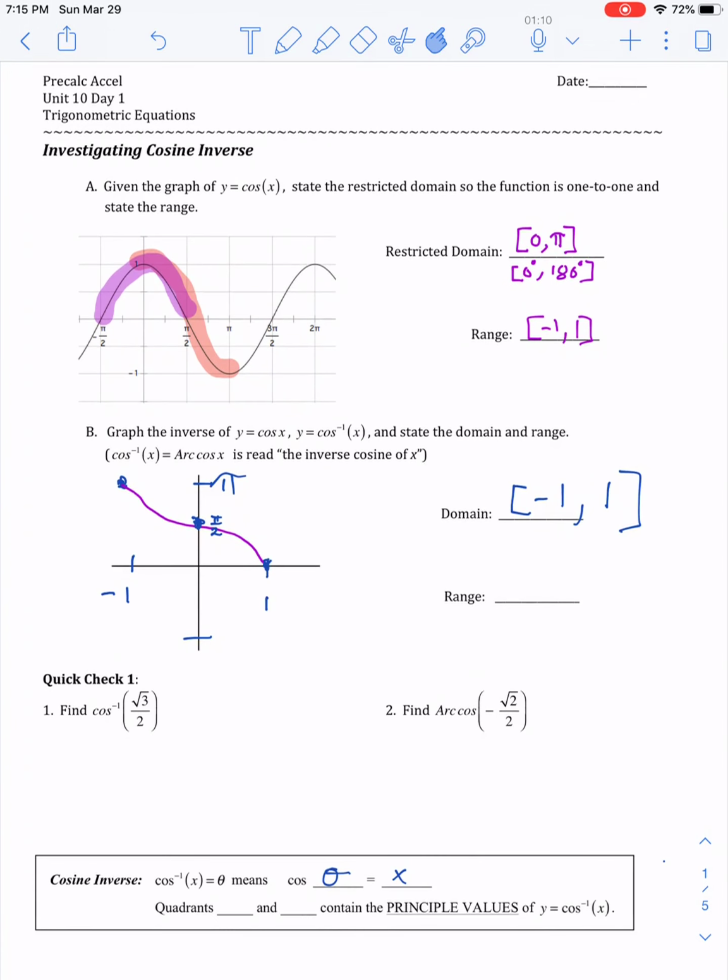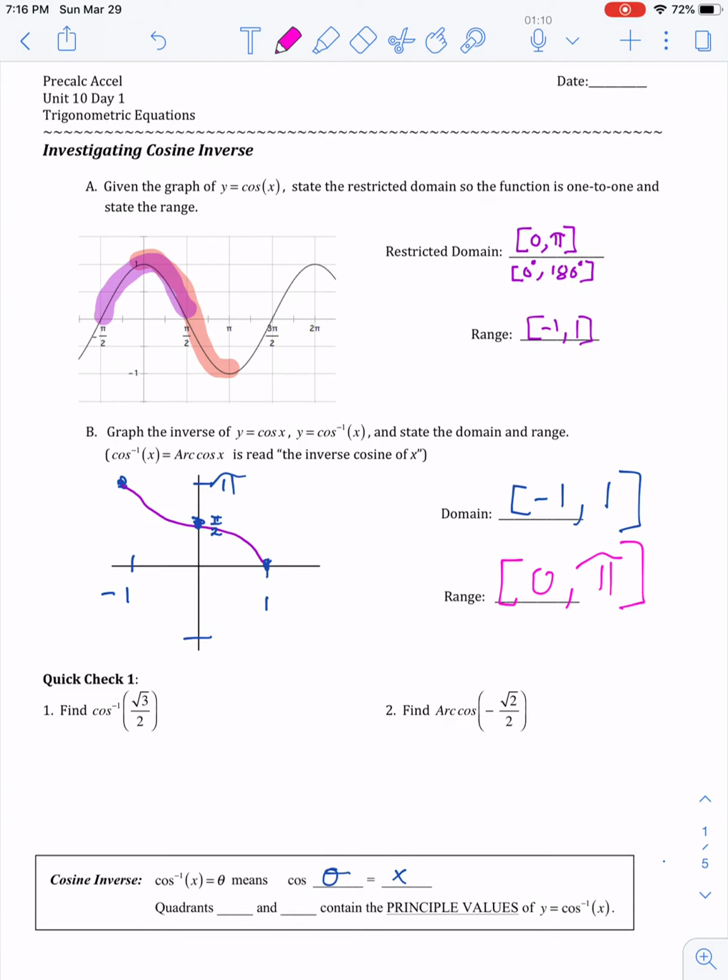In part B, the inverse cosine is graphed where the inputs are the ratio and the outputs are the corresponding angles. And this restriction allows the inverse to function. So my range would be 0 to pi. We can relate this back to parabolas when we were finding the inverse of a quadratic function.